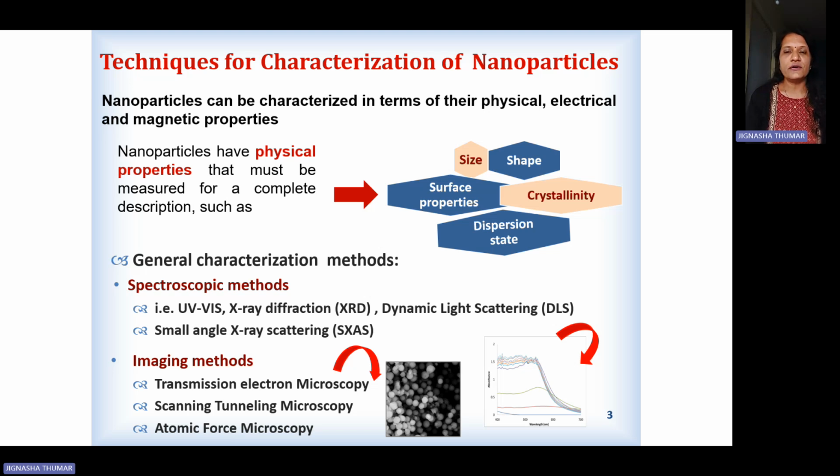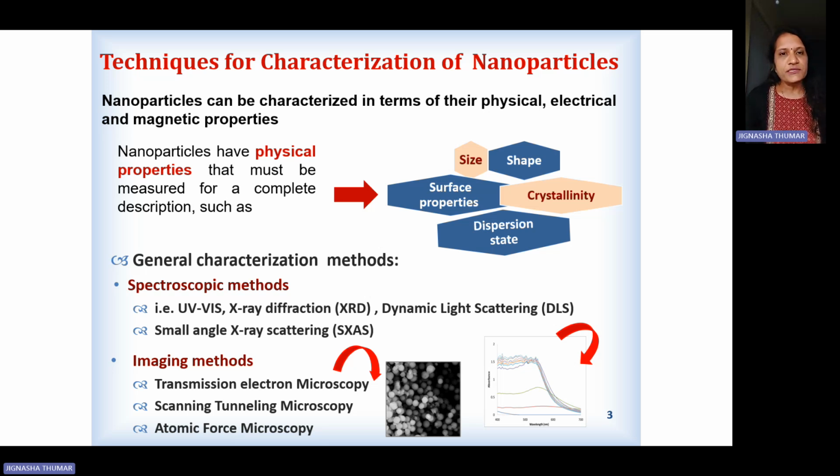Of course, there are a lot of techniques which we use to study nanoparticles with different dimensions. But I would be discussing the techniques used for physical characterization of nanomaterial. Of course, we can characterize them in terms of electrical and magnetic properties as well. Physical properties of nanomaterial, mainly size, shape, crystallinity and surface properties, can be studied by general characterization methods like the traditional spectroscopic methods: UV visible, X-ray diffraction, and dynamic light scattering spectroscopy.